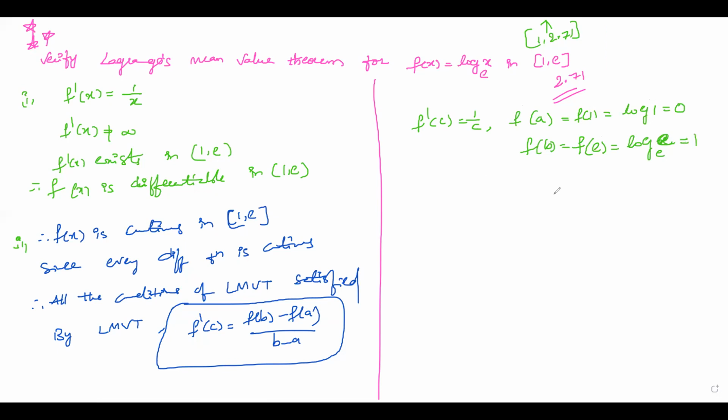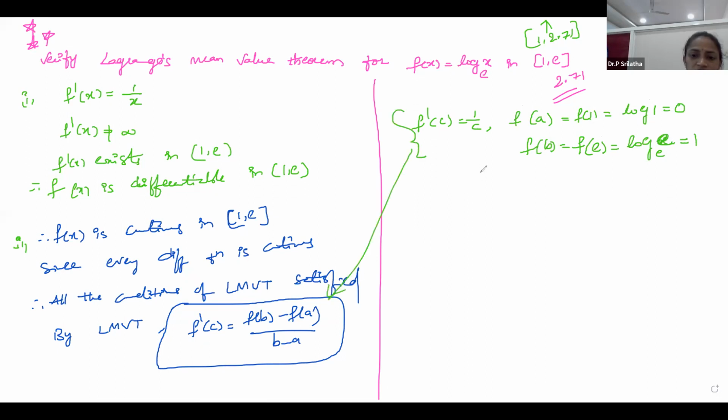Now substitute all these values here. We get f'(c) = 1/c = (f(b) - f(a))/(b - a) = (1 - 0)/(e - 1), where b is e and a is 1.